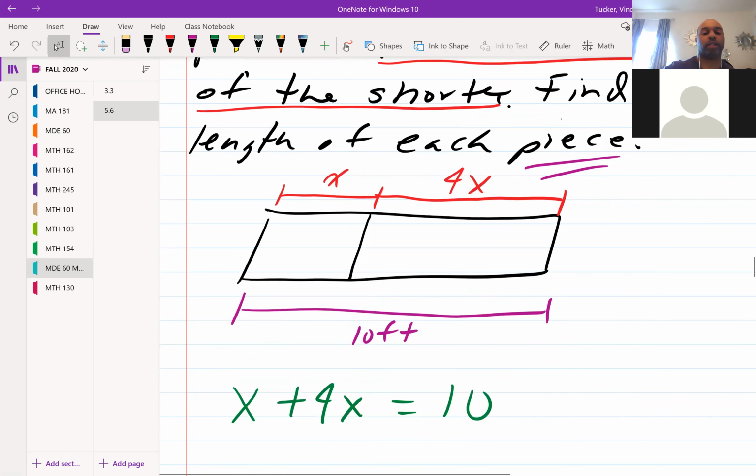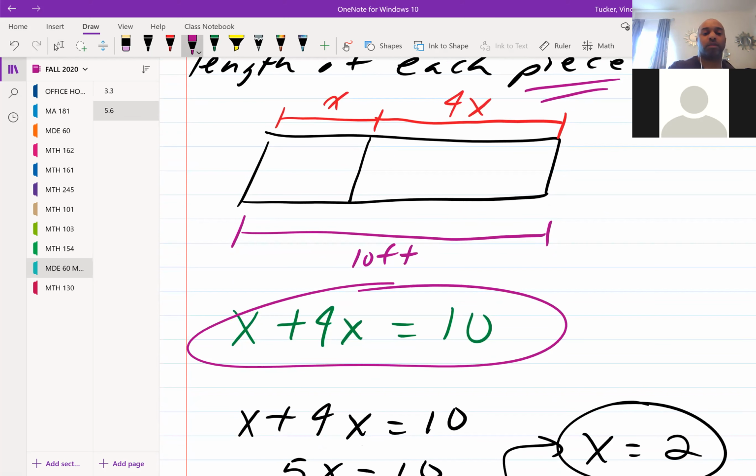That's how we set up our equation. Shorter piece plus longer piece is equal to the whole board. In other words, X plus 4X is equal to 10.